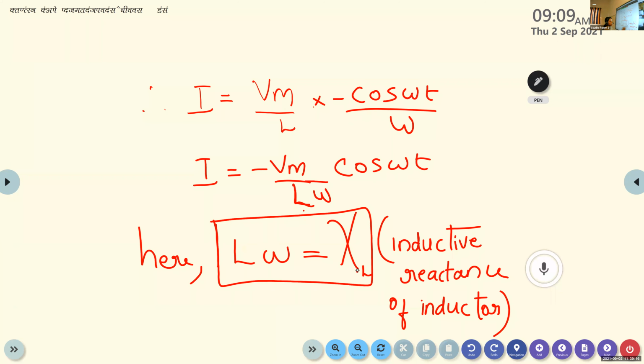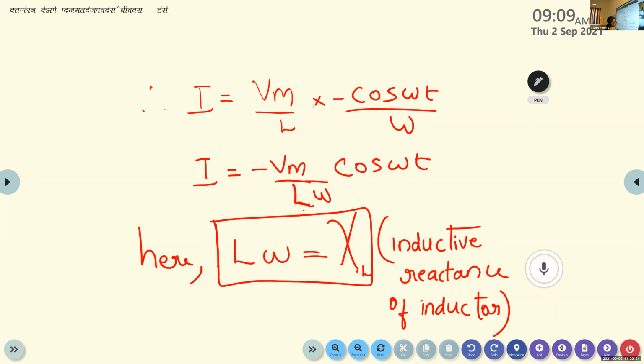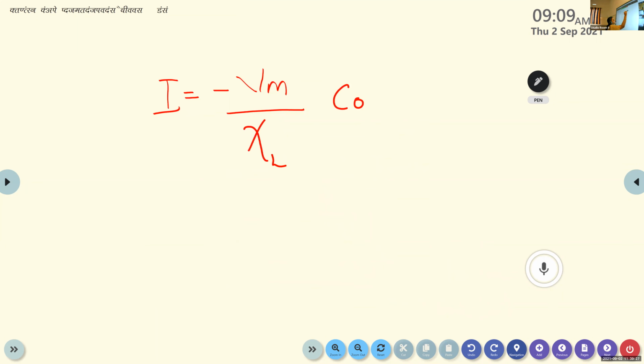So instead of this Lω, here we can write XL, and cos ωt. Is it okay? Any doubt up to here?